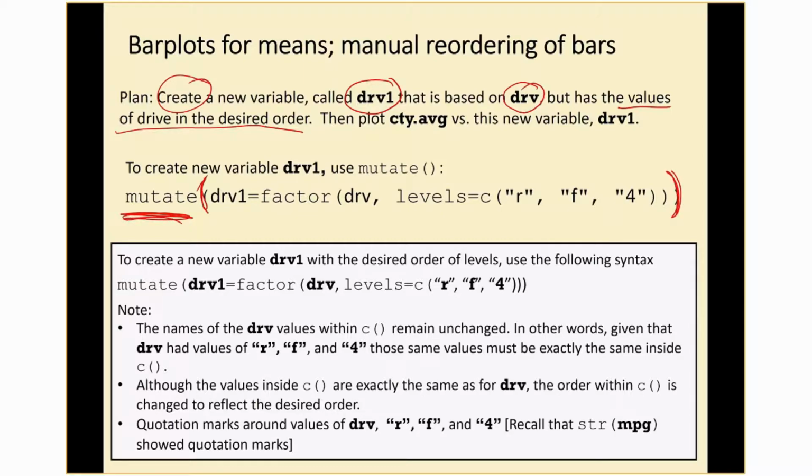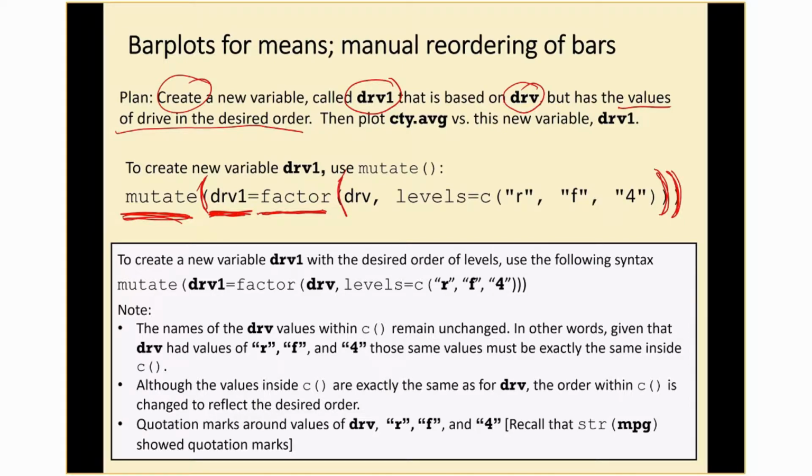Now recall how the mutate function works. We begin by specifying the name of the new variable we want to create. So I want to create a new variable called drive1 as some function of some other variables. The function we're going to use, and again, this is a recipe, is the factor function. That's in Courier font. You type it in exactly like that, and there's the open and closed parenthesis of the factor function.